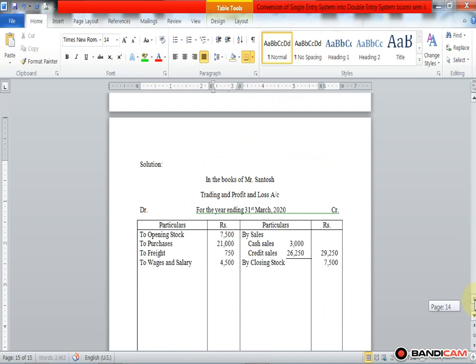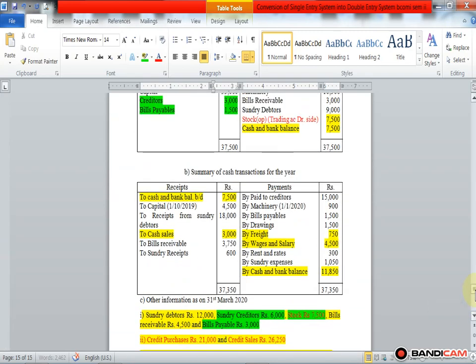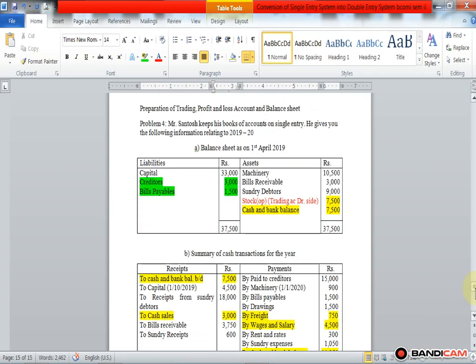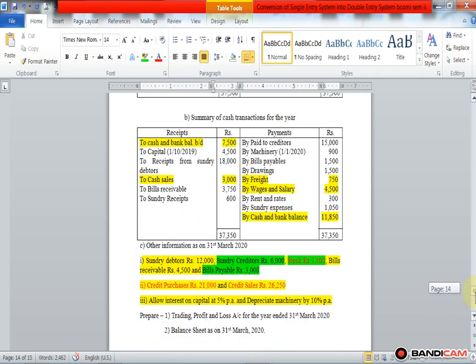Then find out any other liability given in your opening statement of affairs or in adjustment. Here no other liability is given in your adjustment, only interest on capital is given. We calculate the interest on capital at the last of the problem.